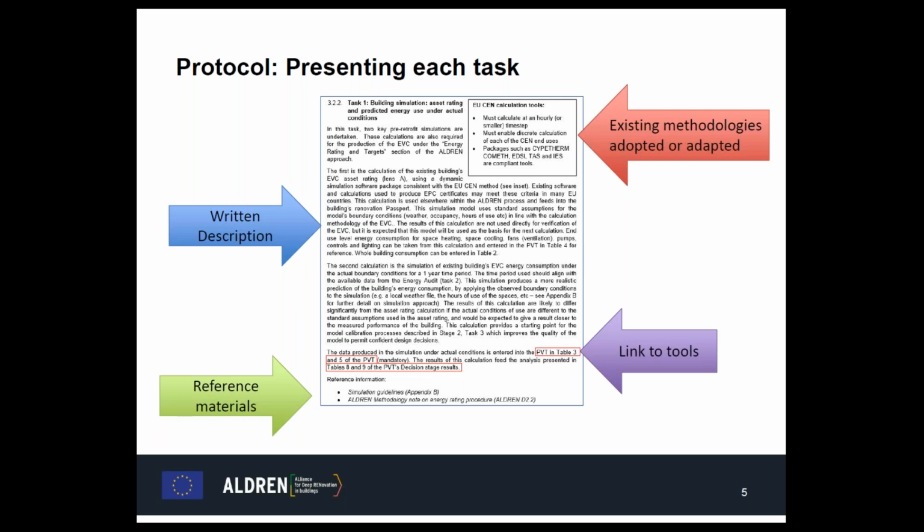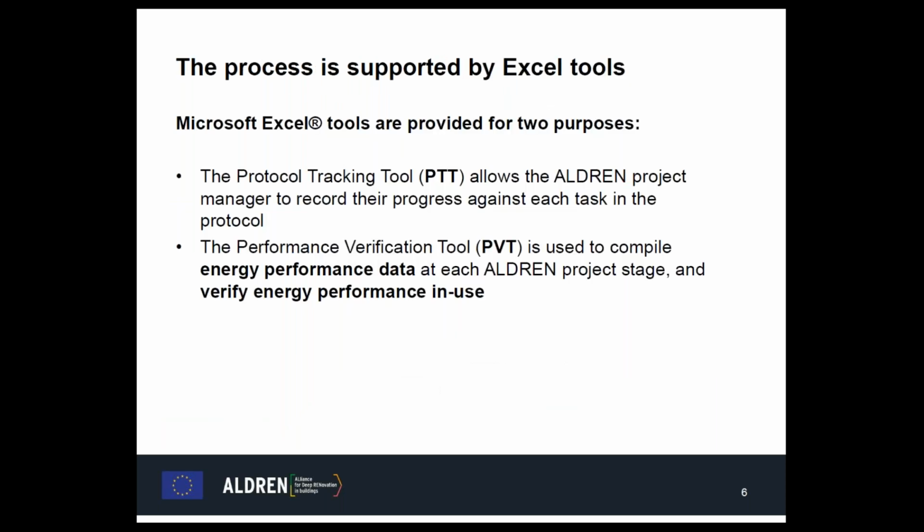Finally, and this is particularly key, there are direct links to the tools themselves. You can see in the highlighted section of the text there are table references between the written document and the PVT, the verification tool in this particular case. So that's all I'll say about the protocol itself.